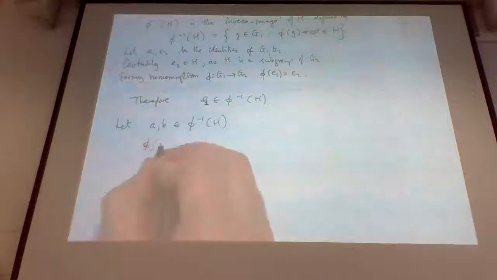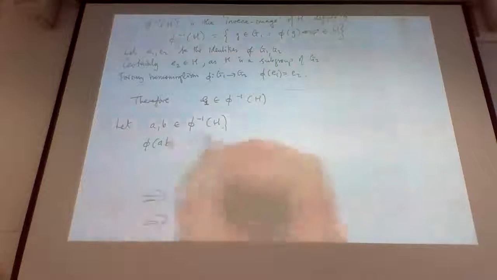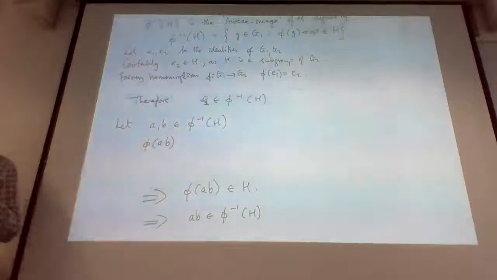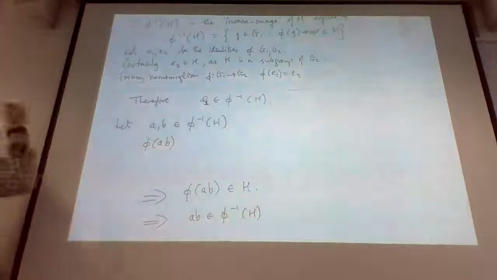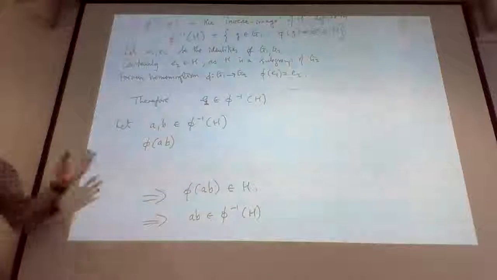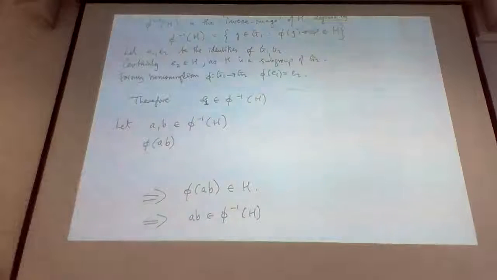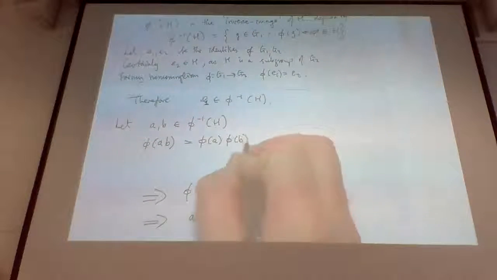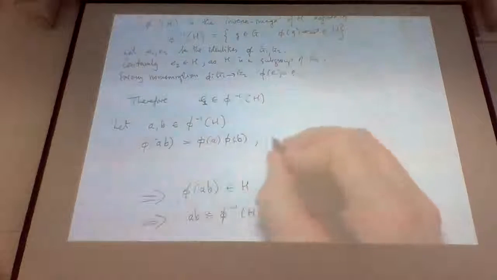What is phi of AB? Now, there's an automatic move you can make on that all the time. You should just do the homomorphism property. So phi of the product AB is phi of A times phi of B. So it's the homomorphism property.